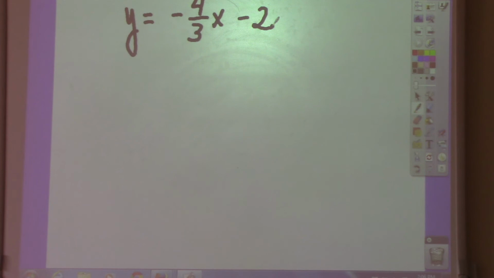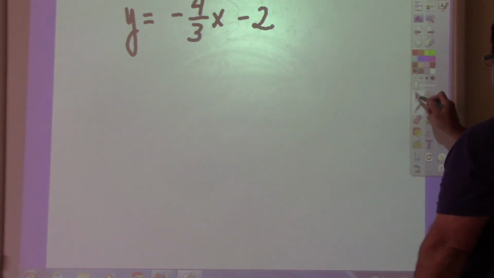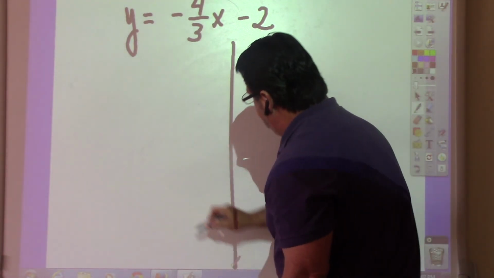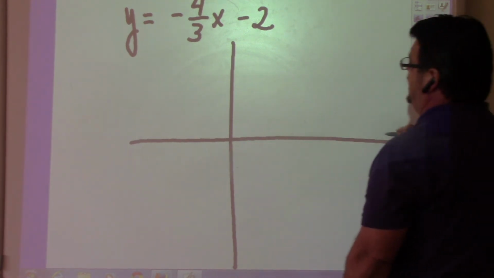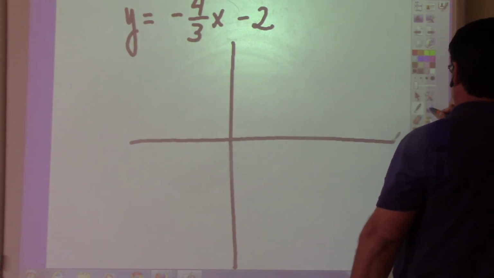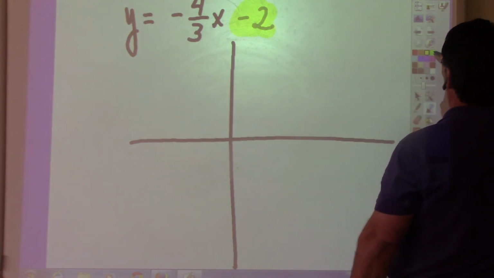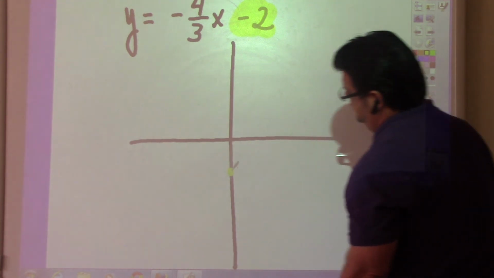All right, so let's do this one. I'm going to go ahead and draw my handy dandy graph. And I'm going to take my 0, -2. I'll highlight it with my yellow marker, 0, -2.